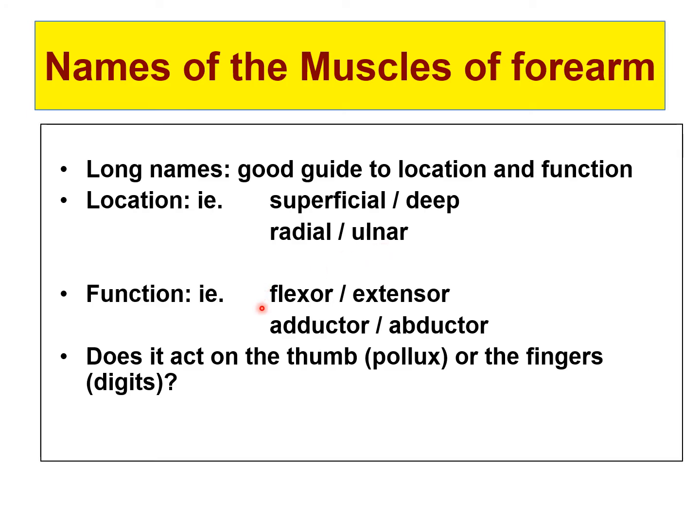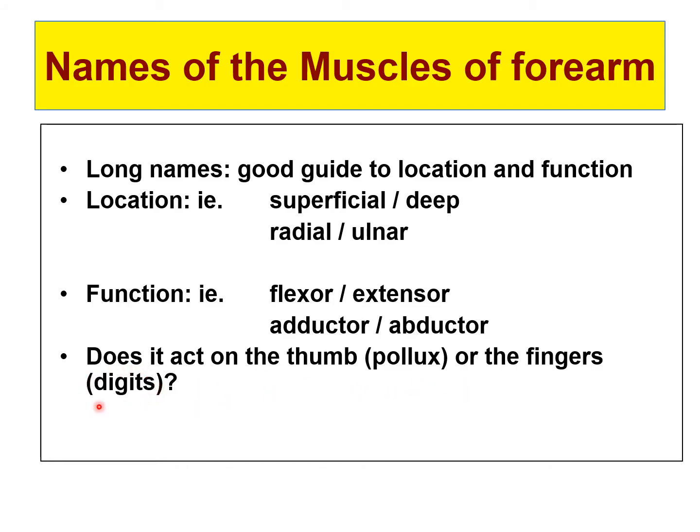In the same way, if a muscle name starts with flexor, its main function is flexion; extensor, extension; adductor, adduction; abductor, abduction. The muscles starting with flexor, extensor, adductor, abductor are showing their function also. Does it act on the thumb, pollex, or the fingers, digits?